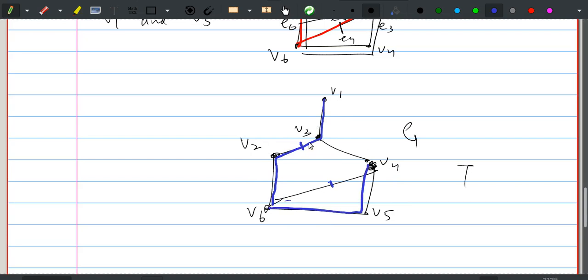In the previous case v2, v3 was a chord, but here in this case it is a branch. So the branches and the chords may alter if we change the spanning tree.